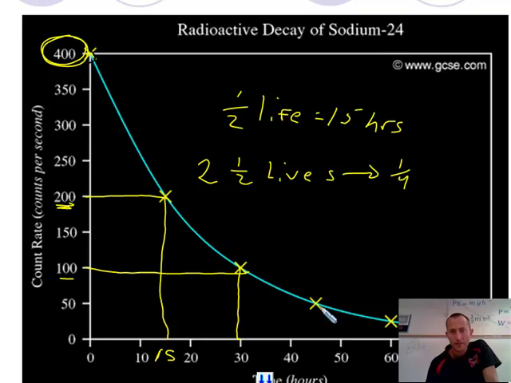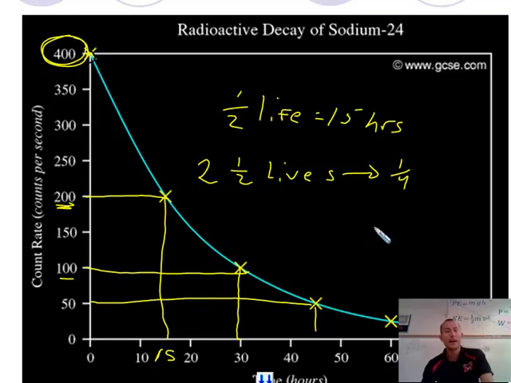After another half-life, we're down to 50. So after 3 half-lives, we're down to 1/8. And then after 4 half-lives, we're down to 25, and so on.